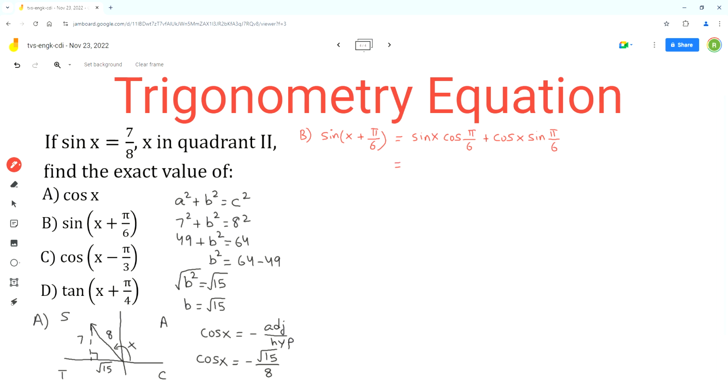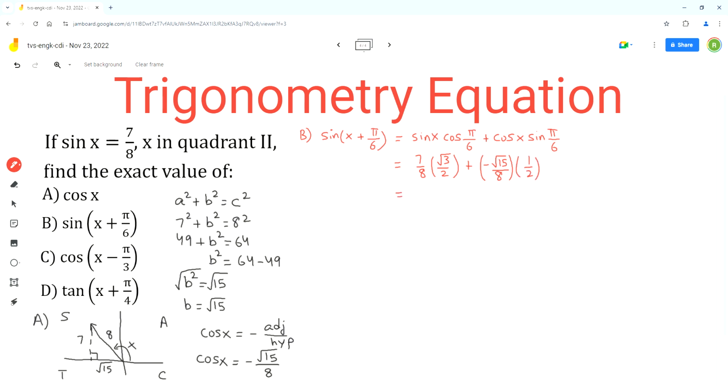Sin x is given as 7 over 8. Cos pi over 6 is equal to square root of 3 over 2. We found cos of x in part A, negative square root of 15 over 8. And sine of pi over 6 is equal to 1 over 2.